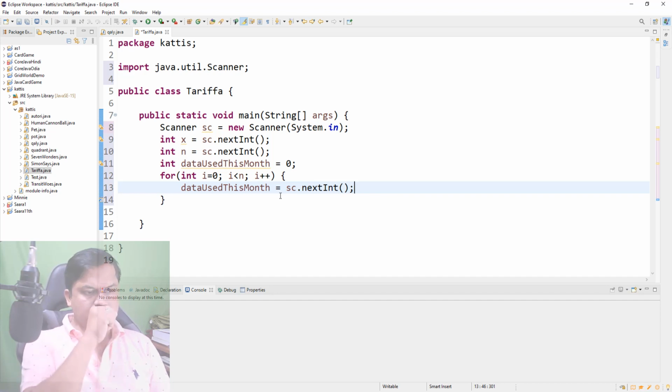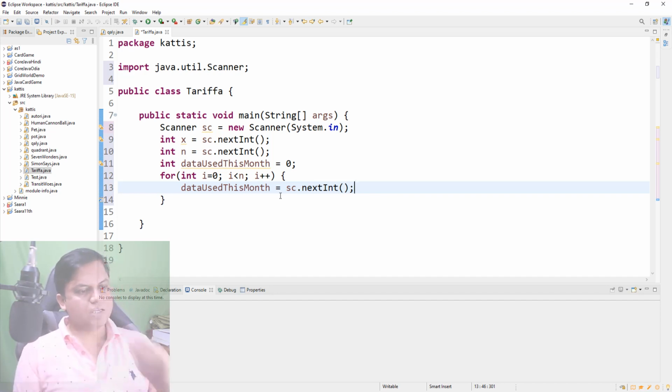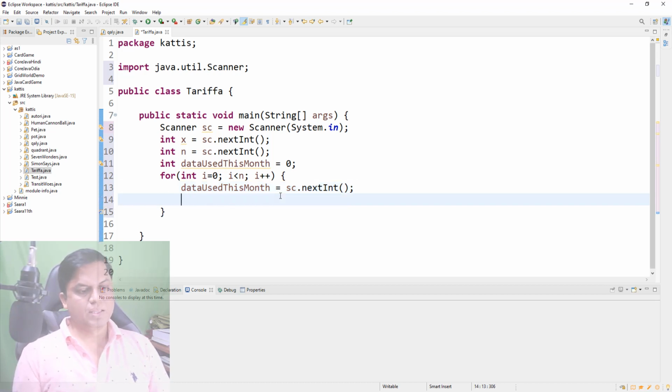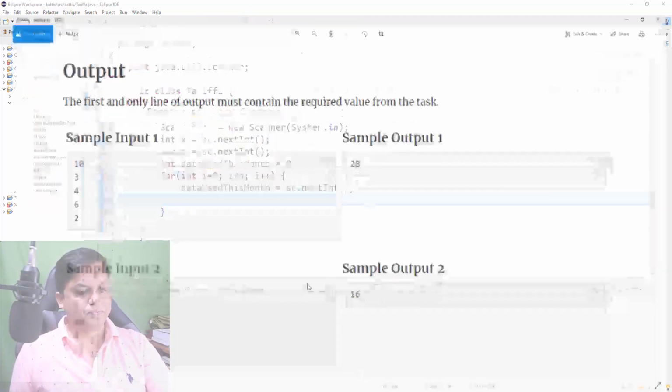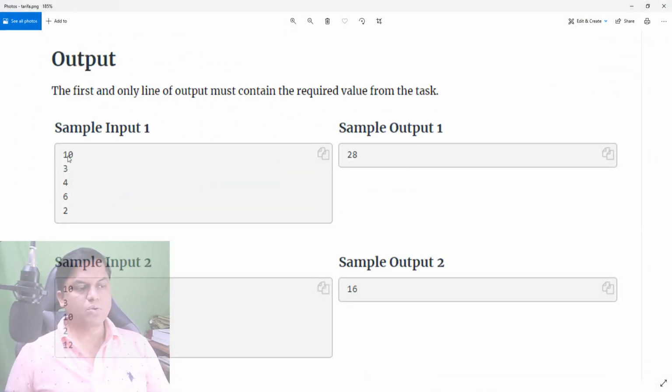Okay. So data used this month equal sc.nextInt. Now we will add x to it, this month's quota. Suppose the total quota is 10 megabytes for this month, and it used 4 megabytes. So 10 minus 4, 6 megabytes. Okay.